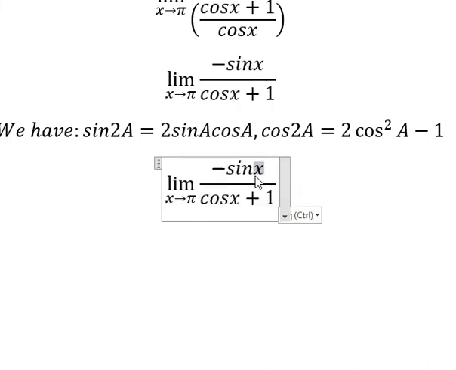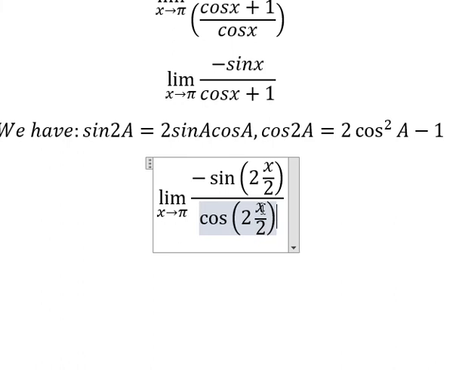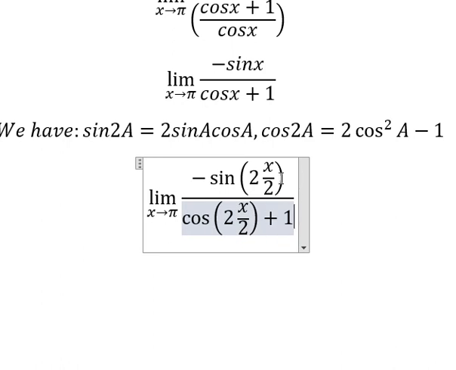So about x, we have number 2 multiplied by x over 2. So after we transform this way, because number 2 multiplied by x over 2, we have x.